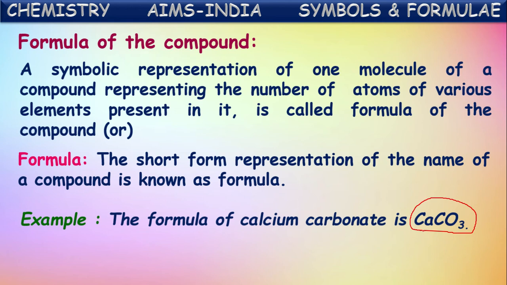We can say CaCO3 is the chemical formula of calcium carbonate. It is the symbolic representation of calcium carbonate, and it represents the number of atoms of various elements present in it, isn't it? See here, calcium, carbon and oxygen are combined together to form calcium carbonate, and we can understand how many atoms of each element are present also. That is the chemical formula of the compound.